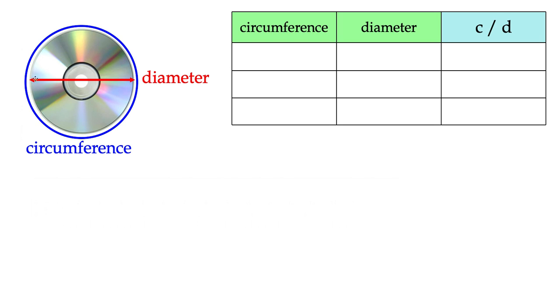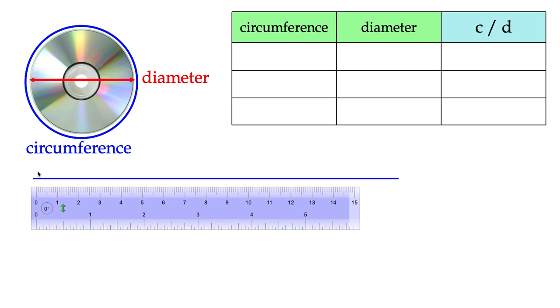Now that's the one that you need a bit of string for, unless you've got a bendy ruler. In most cases, you take a bit of string and loop it all the way around the shape, and then you get yourself a ruler, straighten out the string, and measure how long that string is that went around the whole shape. Okay, so I want you to try and do that for one of your objects.